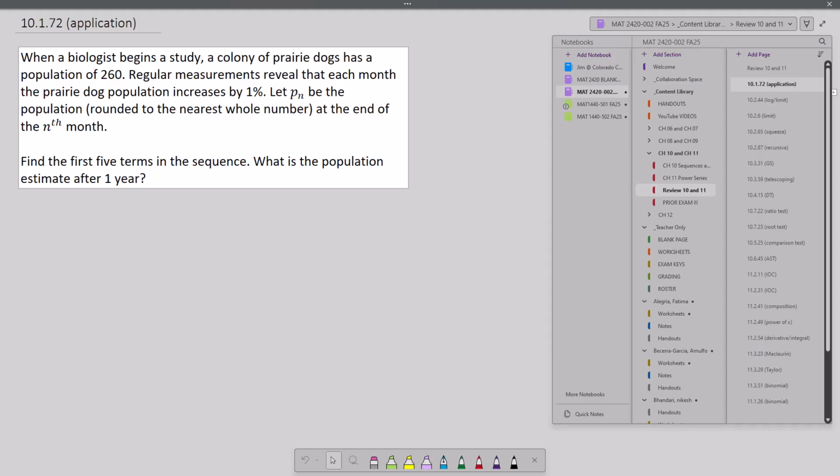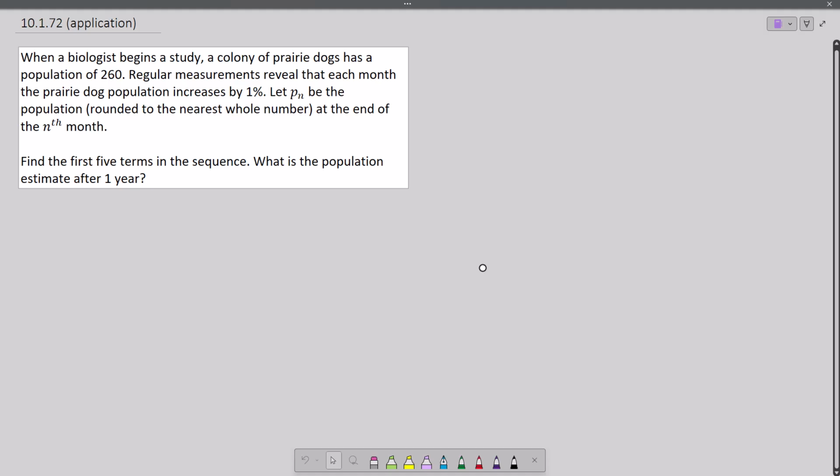Okay, so let's take a look at some of these different examples. We probably won't have time to do all of them, so we'll just pick and choose. We'll do this one, and then decide as we go. When a biologist begins to study a colony of prairie dogs, it has a population of 260.